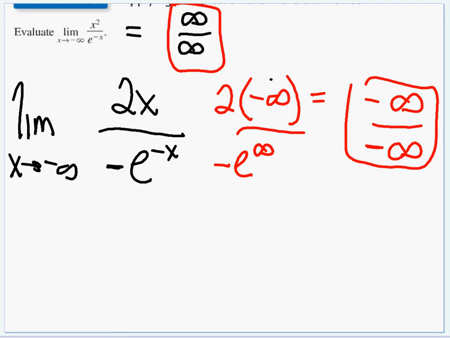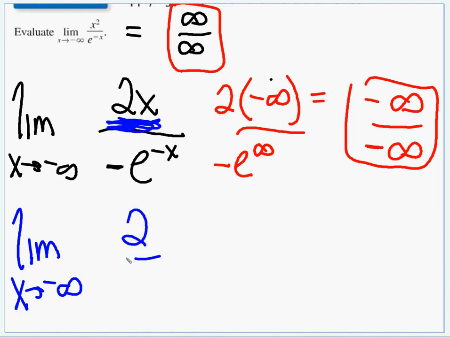Let's apply again. I'm going to switch to blue ink. So we're heading still to negative infinity. If we derive the numerator, 2x derives to 2. Denominator negative e to the negative x will derive to itself. We'll have another negative from the chain rule, making it back to a positive e to the negative x.